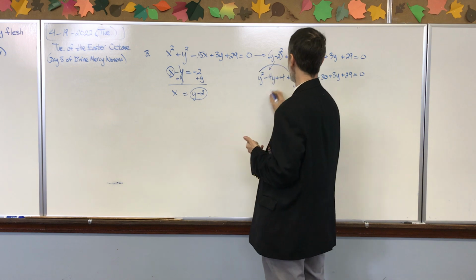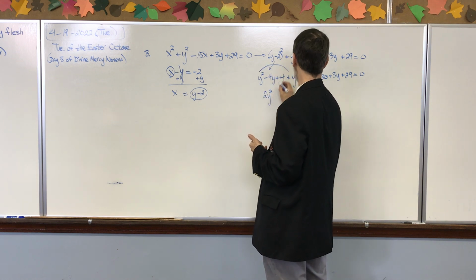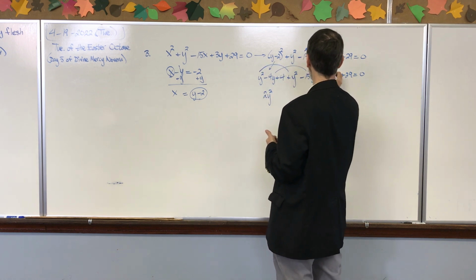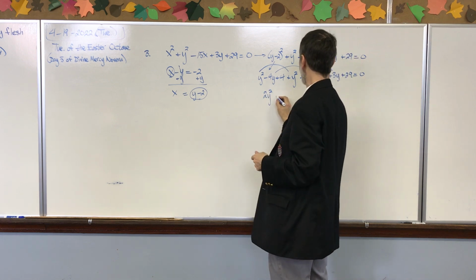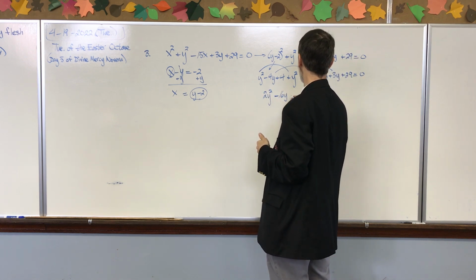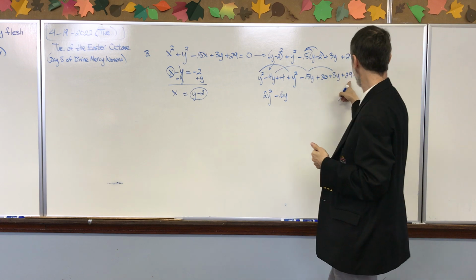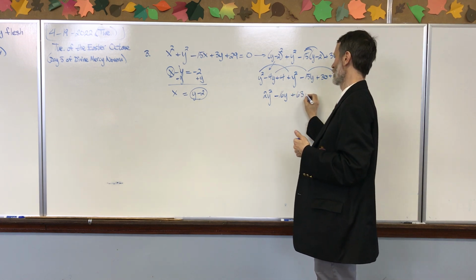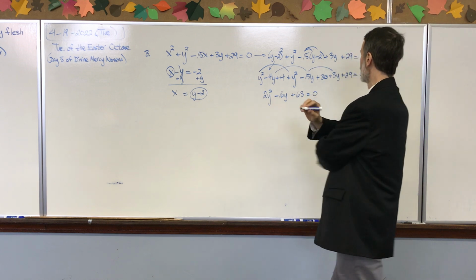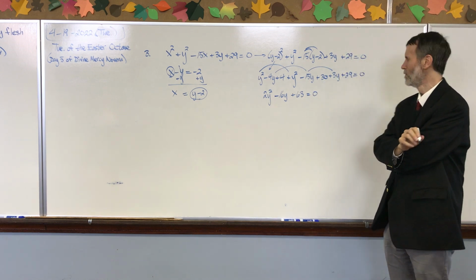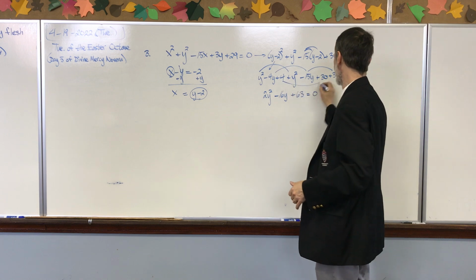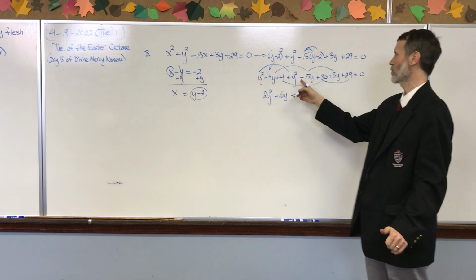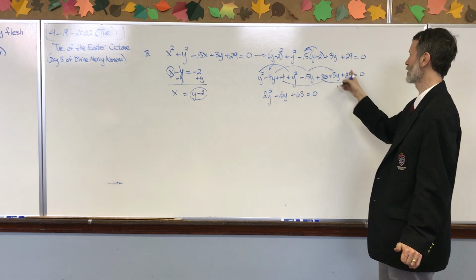So this turns into 2y squared minus 16y plus 63 equals 0. Does that make sense so far? I just added these up. So add up the y squareds, add up the regular y's, add up the numbers.